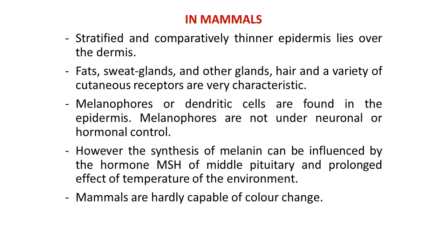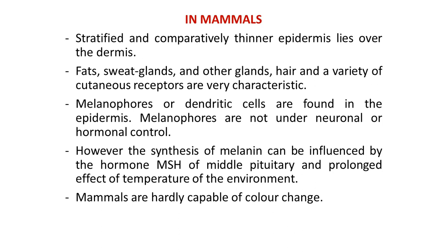The melanophores are under neural or hormonal control. However, the synthesis of melanin can be influenced by the hormone MSH, which is secreted by the middle pituitary gland, and by the prolonged effect of environmental temperature.